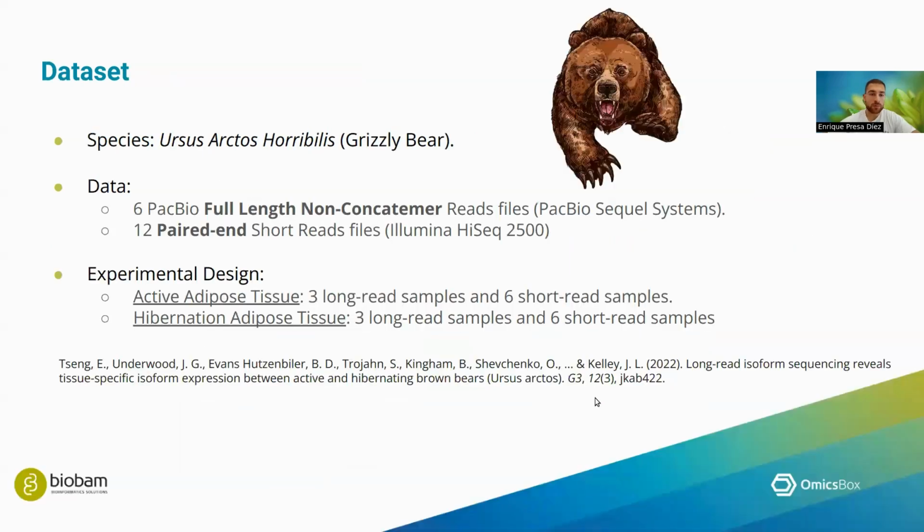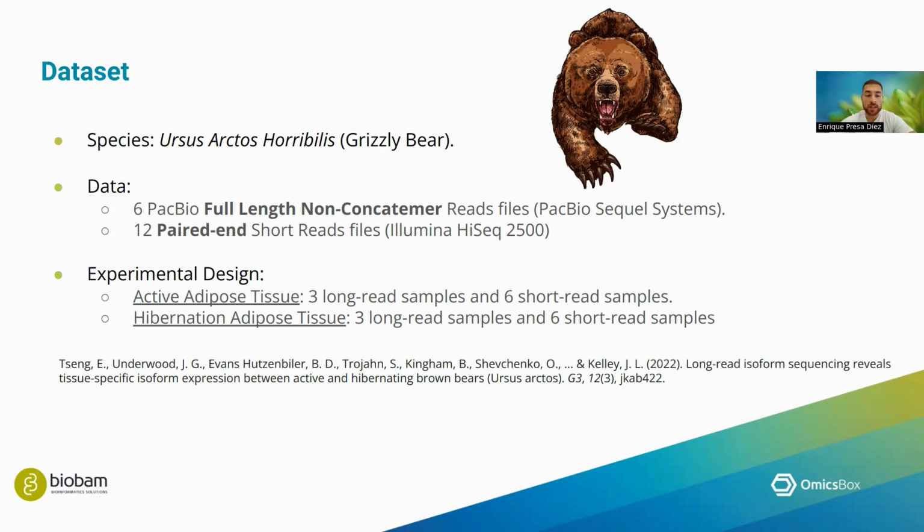So, I'm going to talk very quickly about our dataset. The species that we are going to use is the grizzly bear, and our data is composed of 6 PacBio full-length non-concatemer reads that were obtained using PacBio SQL systems, and 12 paired-end short-read files that were obtained from Illumina HiSeq.